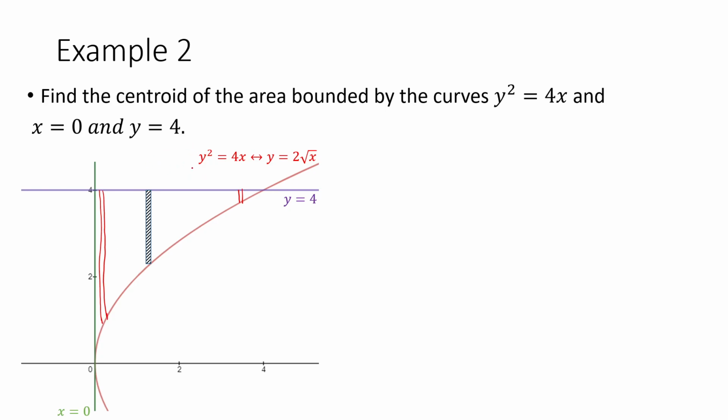The top portion is always touching the purple graph, which is y equals 4. And then the bottom part is always touching the red graph, which is y squared equals 4x. So it's consistent, right?